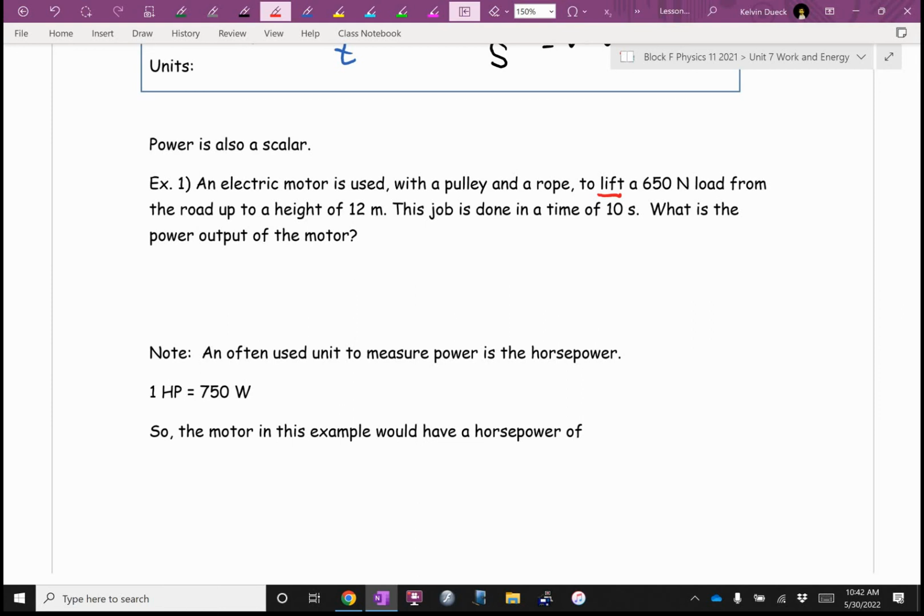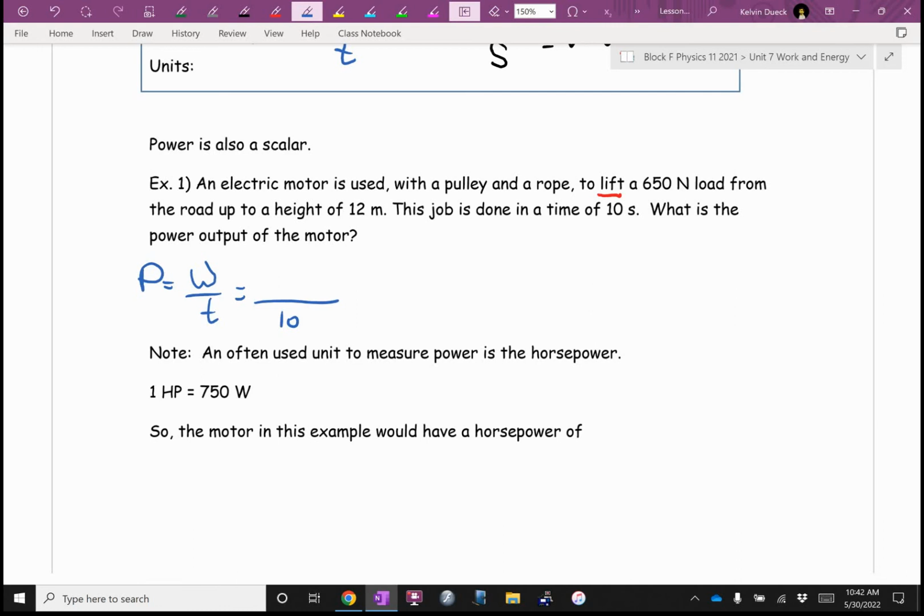What's this question asking me to find? So I would probably start out by going, well, power is work over time. Did they give me the time in seconds? Yes. So it's going to be over 12. What about the work? What word did I underline?